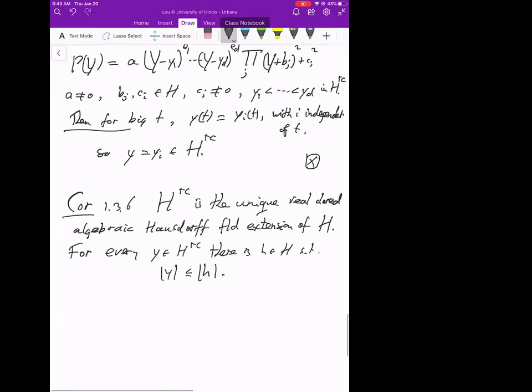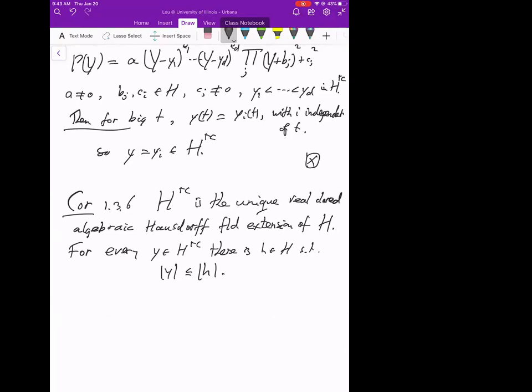And this last thing is just a special case of a fact about any ordered field. Use that for any ordered fields.